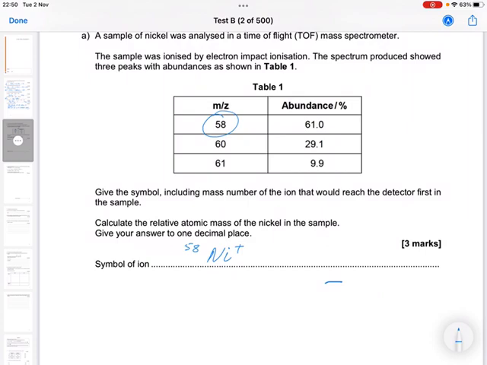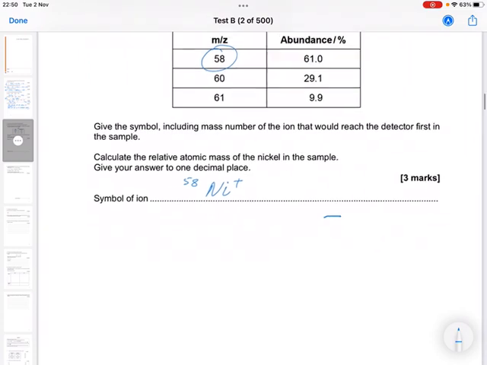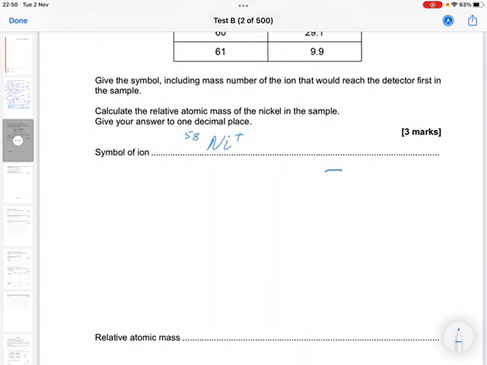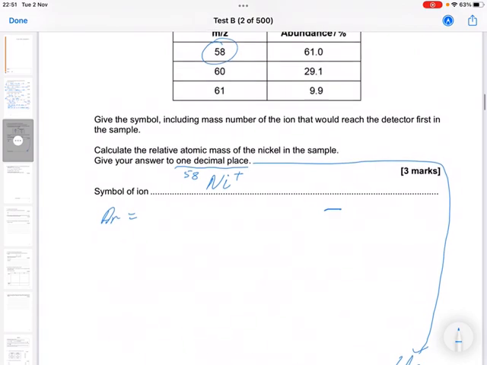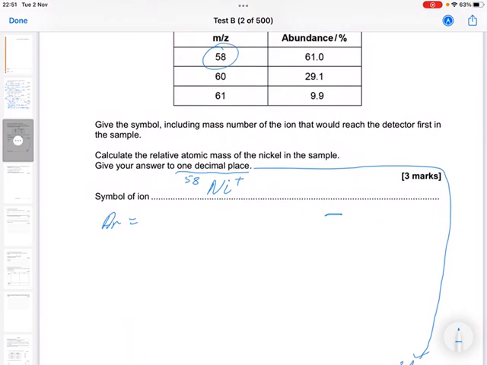Calculate the relative atomic mass of nickel in the sample and give your answer to 1 decimal place. So this bit here is where marks are often lost, and what I would suggest you do is give yourself a little reminder down here that when you've got your answer, you'll be so excited that you need to write it to 1 decimal place. So the formula for relative atomic mass, remember, is abundance multiplied by the m/z.